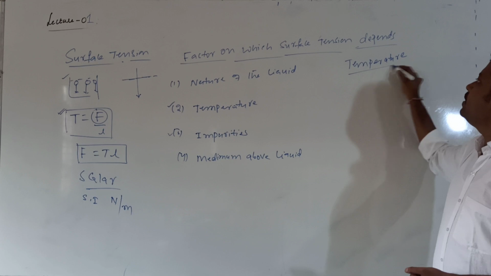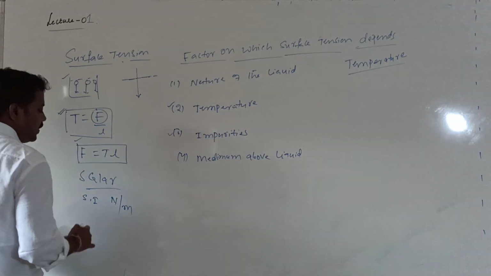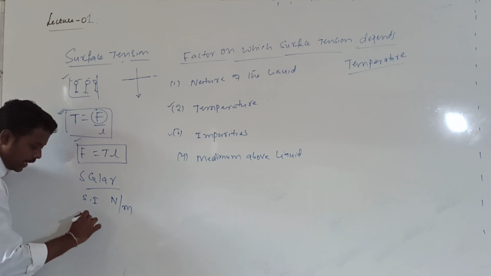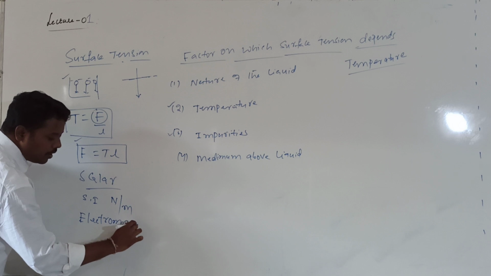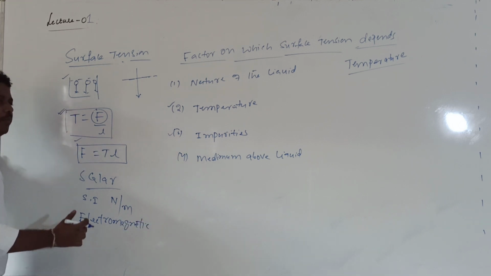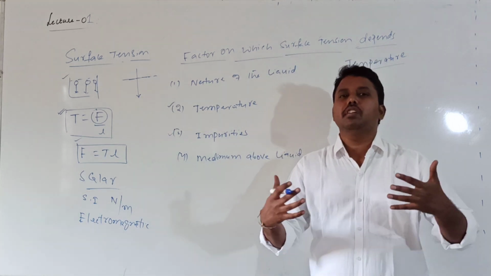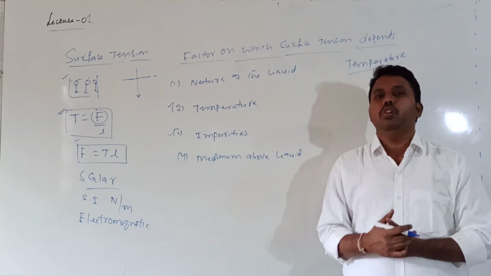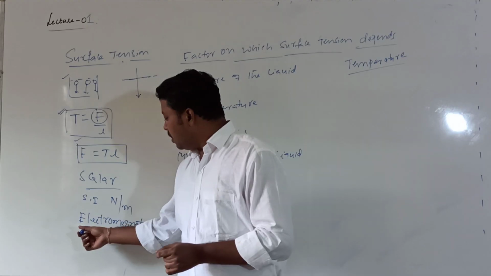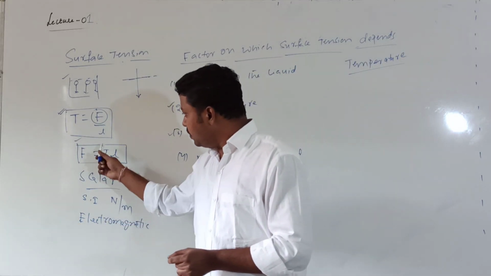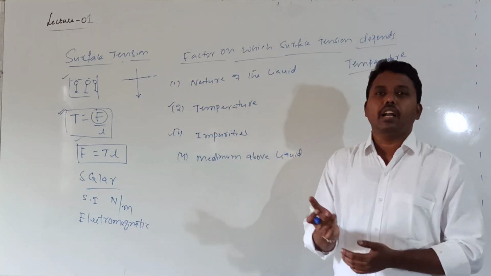I told you, the force acting due to surface tension is an electromagnetic force. It is because of the force between the molecules, their interaction. That force arises because of the interaction of the molecules. This force is electromagnetic in nature, and it does not obey the inverse square law.